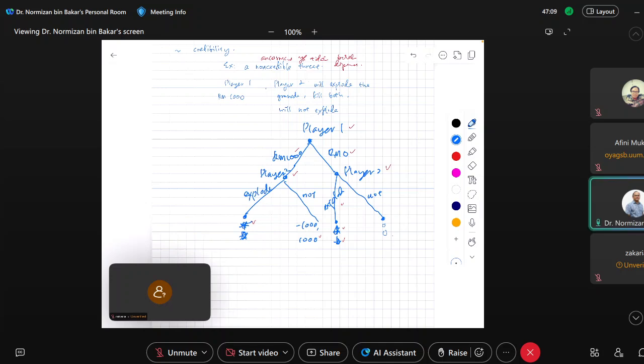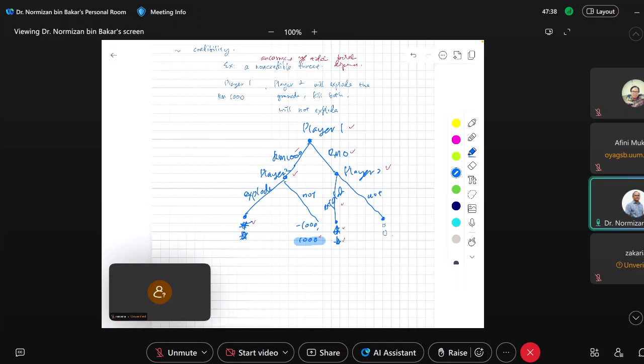Now, player 1 between exploit and not exploit, what is the best? The best is not exploit, because it gives better outcomes for him.